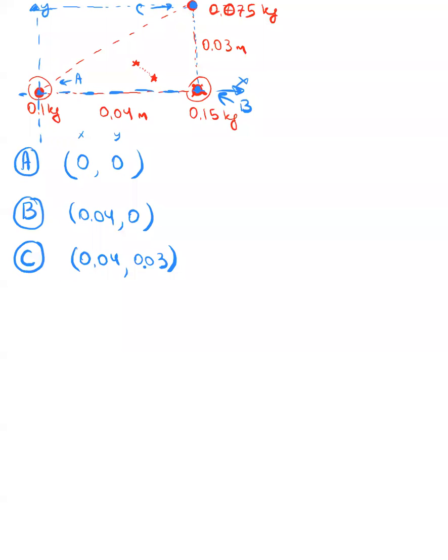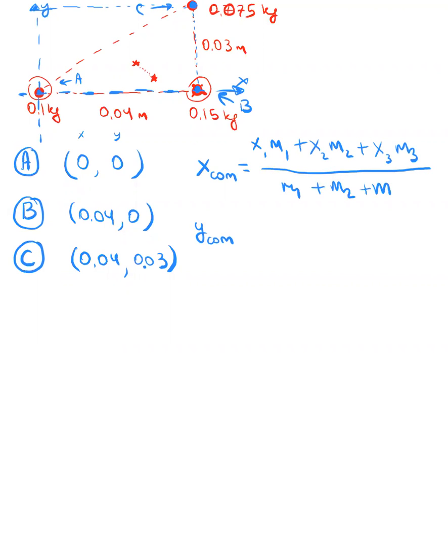Okay, so now let's find the x and y of the center of mass. I will write down the equations. The x of center of mass is x1 times m1 plus x2 times m2 plus x3 times m3, divided by m1 plus m2 plus m3.